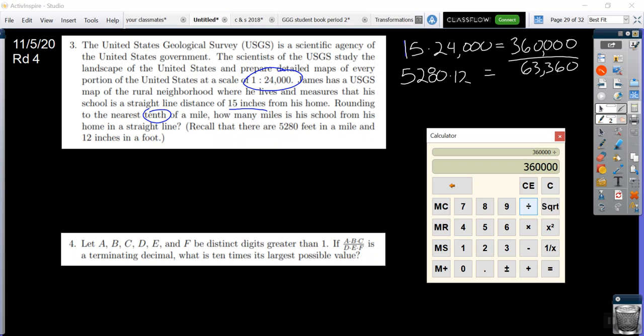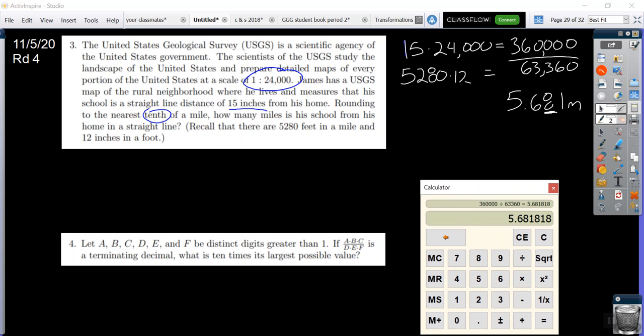We're going to divide it by 63,360, and we get 5.681 miles. Now, we want to the nearest tenth, so we have to look one beyond tenth, in this case hundredth. If it's 5 or more, we have to round up. So the correct answer is 5.7.